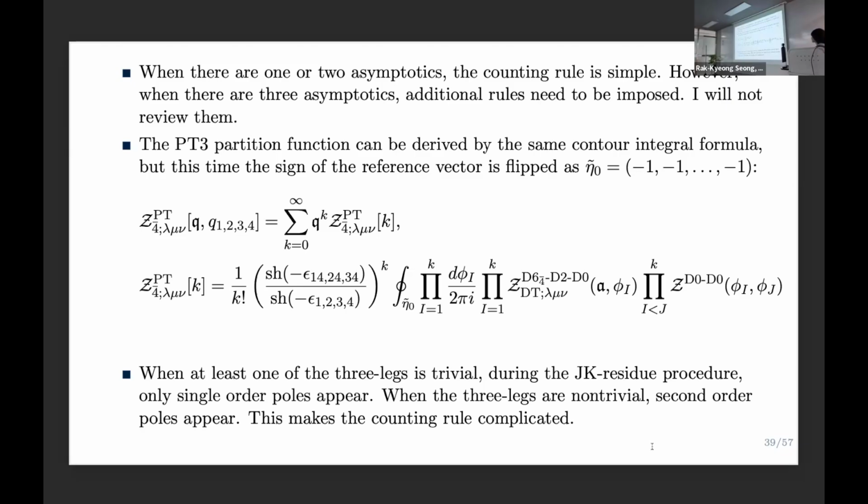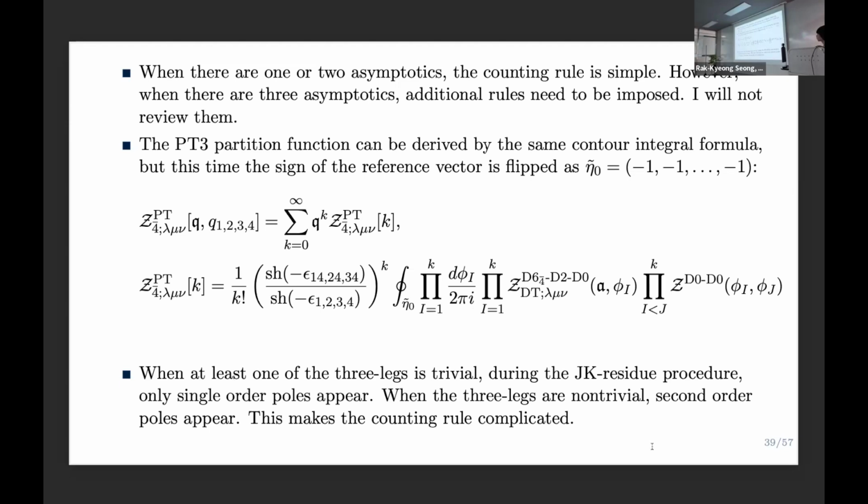Another interesting property is that when at least one of the three legs is trivial, during all of this JK procedure, only single order poles appear. But when all three legs are non-trivial, you get higher order poles. And this is a phenomenon which is not really discussed much in the context of quantum algebra.